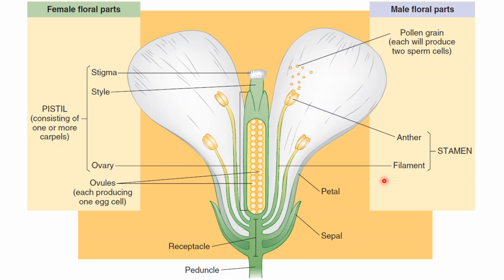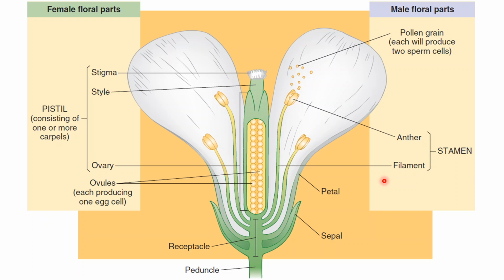The flower that has all four parts, sepals, petals, stamens, and carpels, is said to be a complete flower. And if it doesn't, then it will be incomplete.